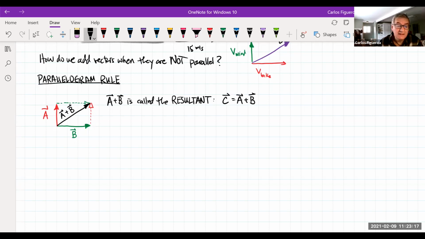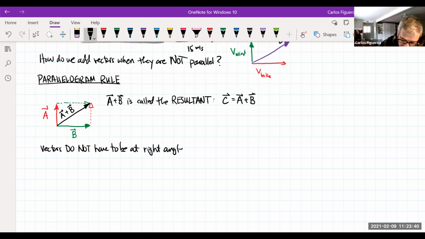So we can easily do this with multiple vectors. They don't have to be at right angles. Another example: vectors do not have to be at right angles.